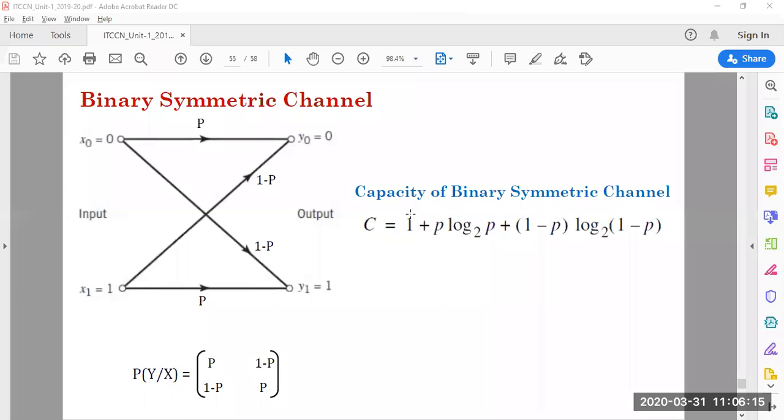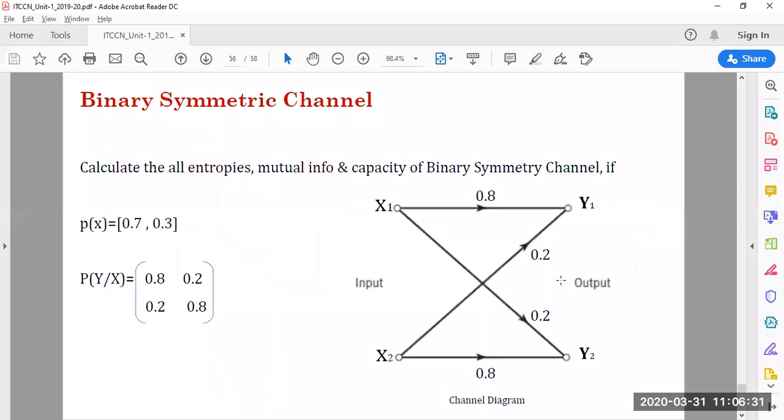Okay, done. So first we'll solve one example based on binary symmetric channel, and then we'll implement this channel in MATLAB programming, so we can verify the theoretical values and the MATLAB outputs. So take this example.